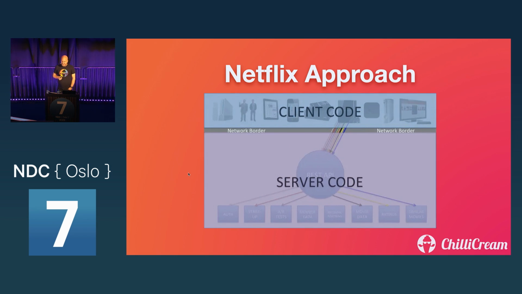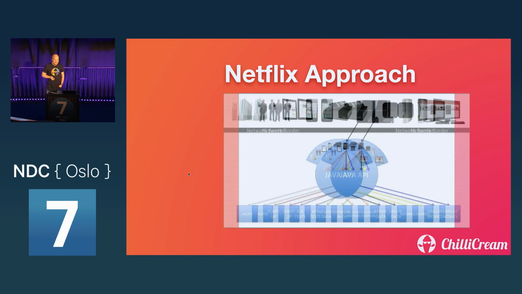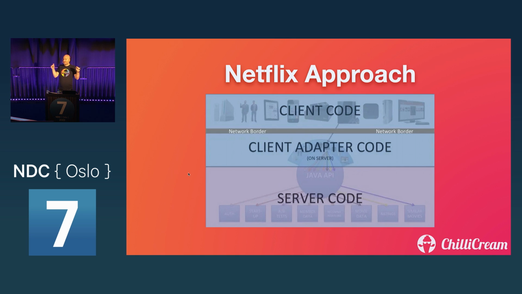So what they came up with was a similar concept to GraphQL, a bit different, and they called it the client adapter framework. The client adapter framework would introduce a client adapter code layer into the backend, and then depending on which device type or client framework would call the backend, they would select a certain adapter and then fetch and aggregate that on the backend.